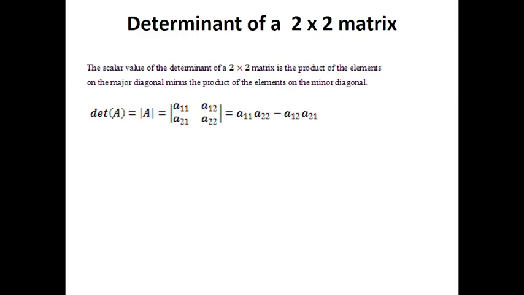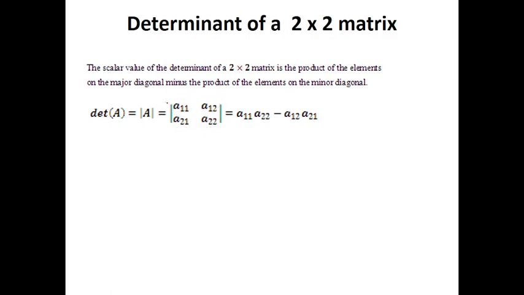So in this case, the determinant of A equals this notation, the 2 by 2 determinant. We use parallel lines, and inside are the elements of the matrix: A11, A12, A21, and A22.